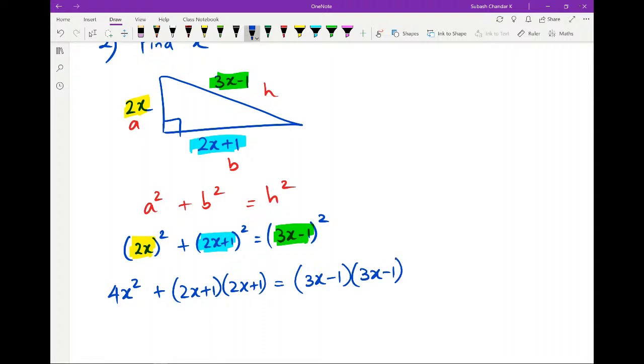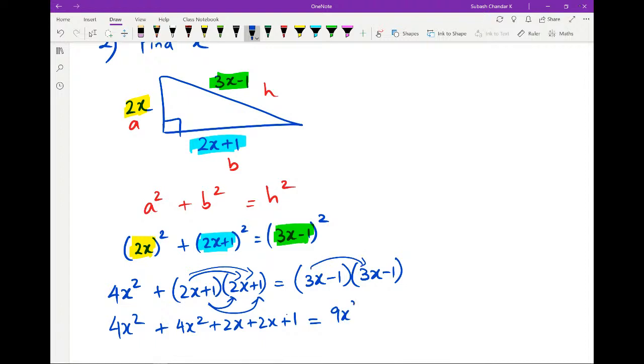So I've got 4x squared plus 2x times 2x is 4x squared, then 2x, and another 2x, plus 1, equals 3x times 3x is 9x squared, minus 3x, another minus 3x, and negative 1 times negative 1 is plus 1.